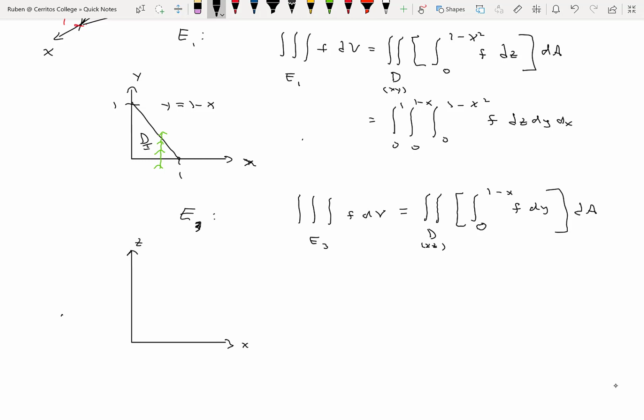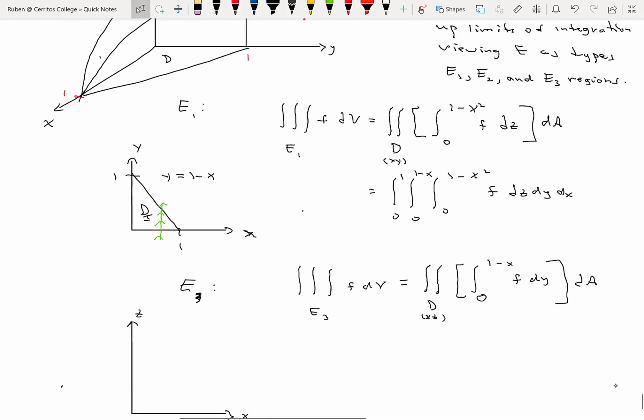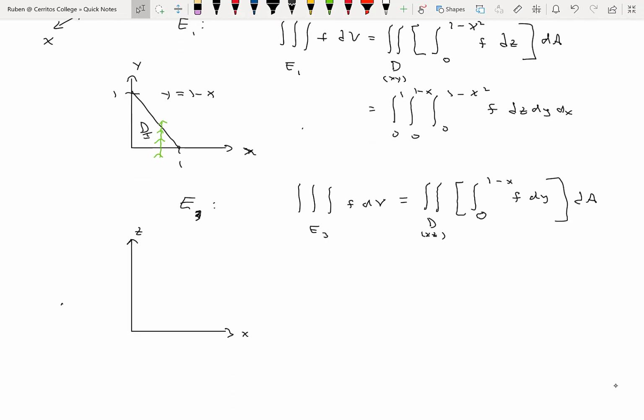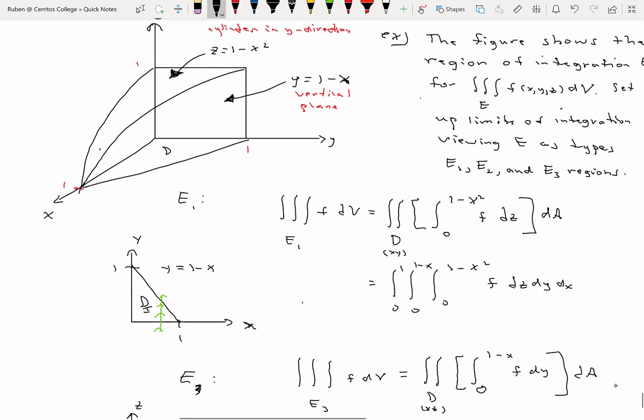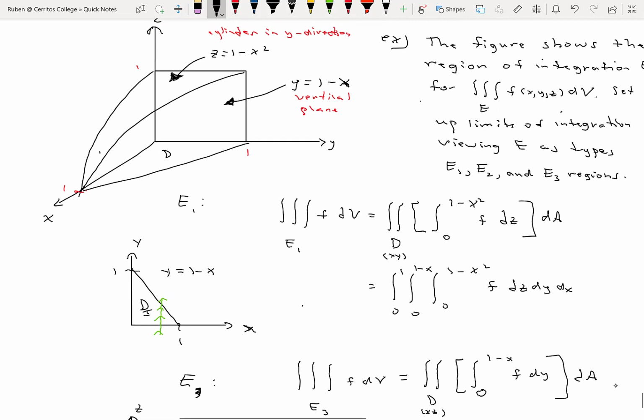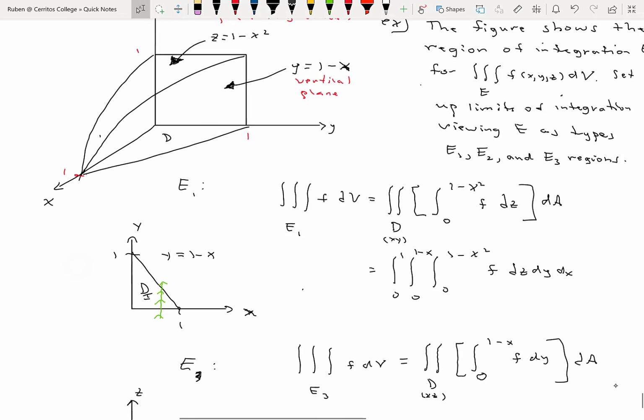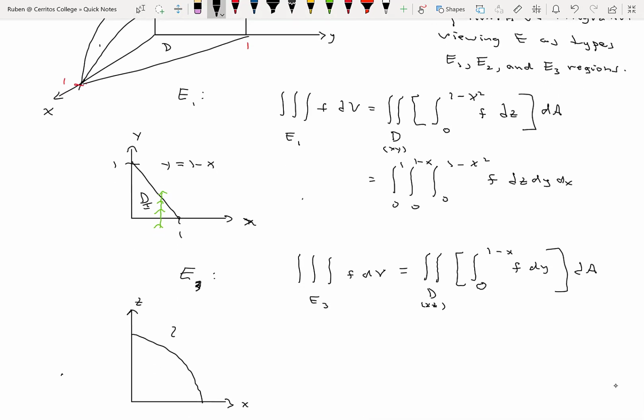In 3 space, it's the parabola pictured in perspective. I'm going to draw that same parabola in 2D. So here's that parabola. The equation of the parabola is just the equation of the cylinder. That curve in the xz plane is just the intersection of the cylinder z equals 1 minus x squared when y equals 0.